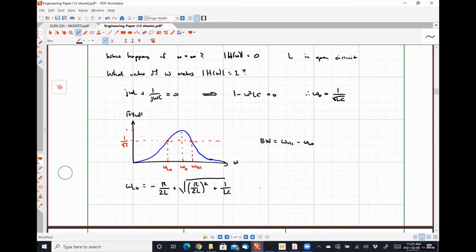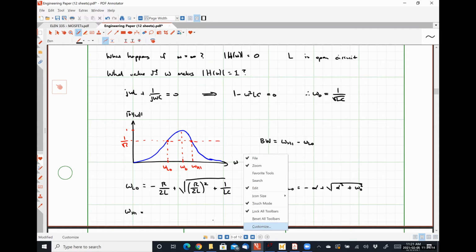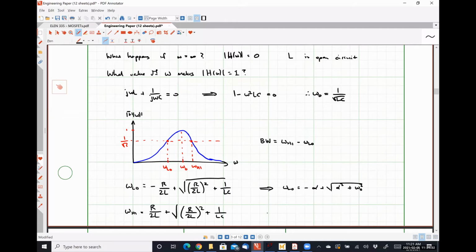We can, from this, really say that omega low is negative alpha plus the square root of alpha squared plus omega naught squared, and our high frequency omega high is positive R over 2L plus the square root of R over 2L squared plus 1 over LC, which is alpha plus the square root of alpha squared plus omega naught squared.